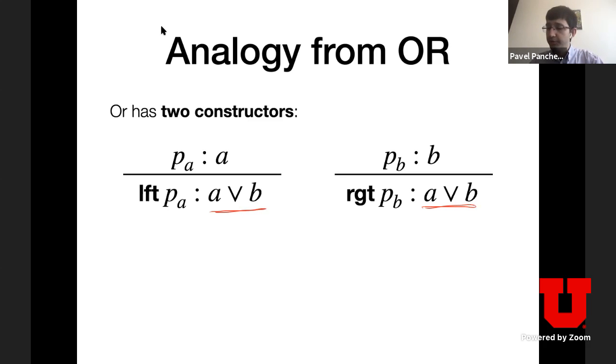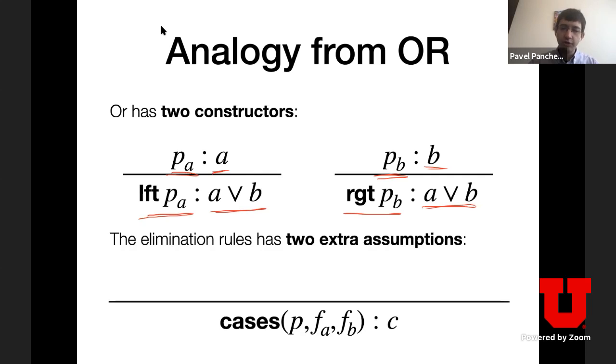There are two ways to prove A or B, either prove A or prove B. And then because we're now writing out the proof terms, we have names left and right for these two introduction rules. And we also have names for those two assumptions that we reuse in the introduction rule. So here we've written down the two introduction rules for OR, and those are the two constructors, the two ways of creating a term of type OR.